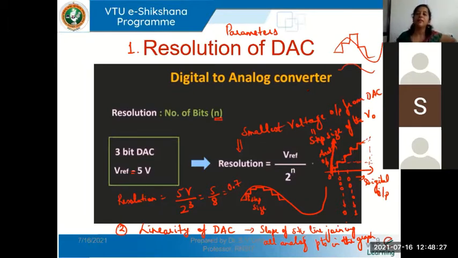Whereas if I'm going to use very, very small steps, it's very easy for me to recover the original shape of the analog signal properly. So please remember, two important parameters of a DAC are its resolution and linearity. Okay, you are going to measure these two parameters in the lab also.